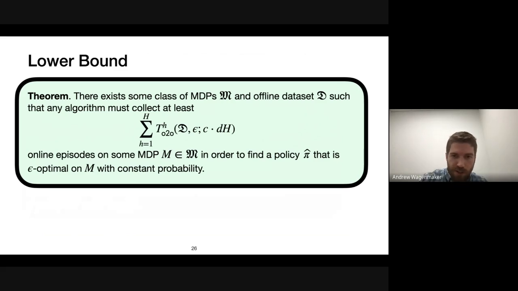Now the quantifiers here I didn't precisely state, but you can give me any T off, any amount of offline samples, and you can construct a scenario where, given T off offline samples, I need to collect this many more online samples to ensure that I'm epsilon optimal. So in some sense, the complexity we have on the previous slide is not improvable. You can construct scenarios where you actually do need this many online samples in order to solve your problem.